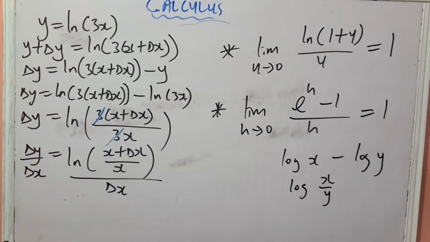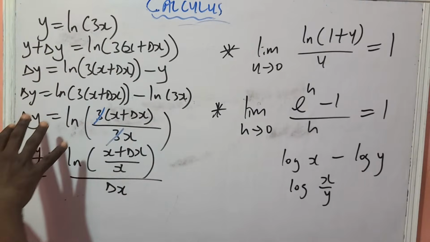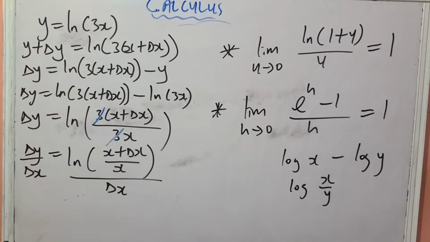This is where it's very essential you pay attention, because once you lose your focus at this point, you will start asking questions on what happened. Now look at it. I'm sure you all agree with what I've done. I made change in y the subject of formula, then I divided both sides by change in x, which is what we have always been doing.